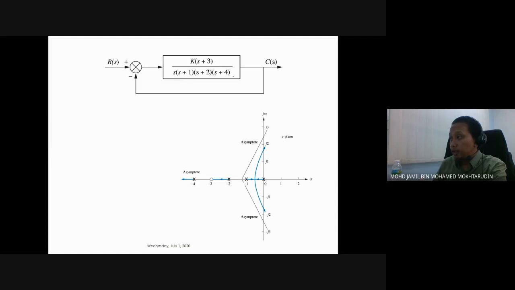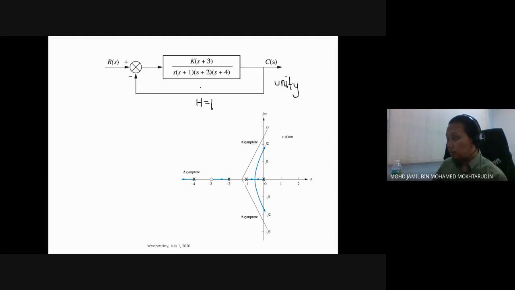So this is unity feedback. Unity feedback means that your feedback transfer function H equals 1. For this unity feedback system, you can straight away find the poles and zeros. But for feedback that has a different transfer function, you need to simplify the system first and then look at the denominator.